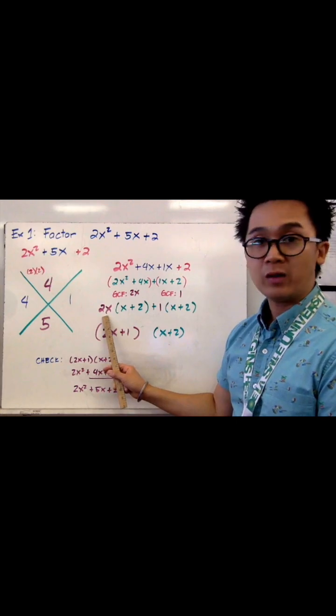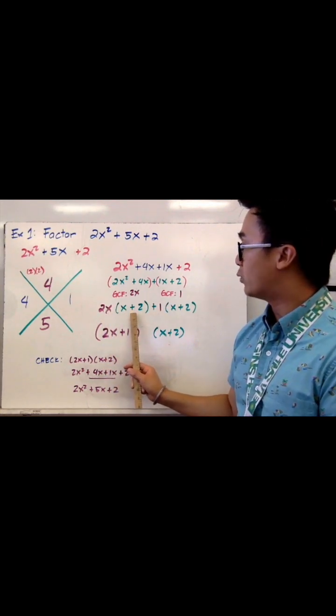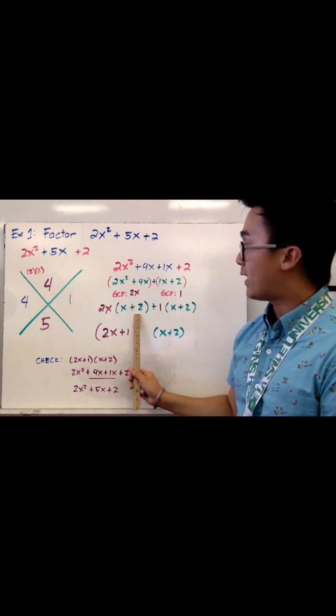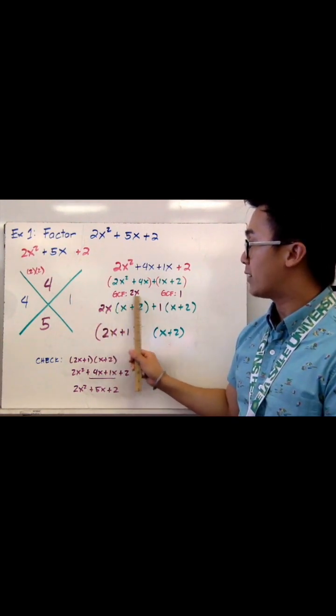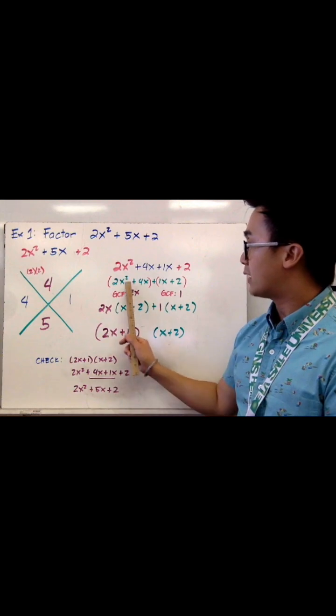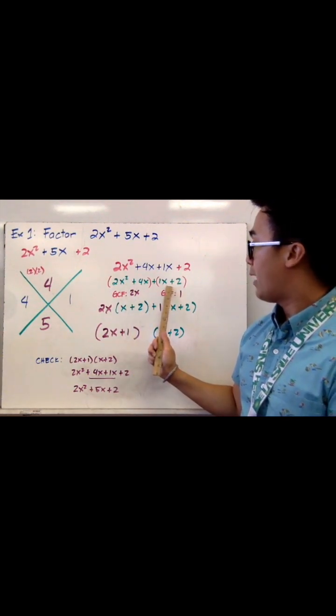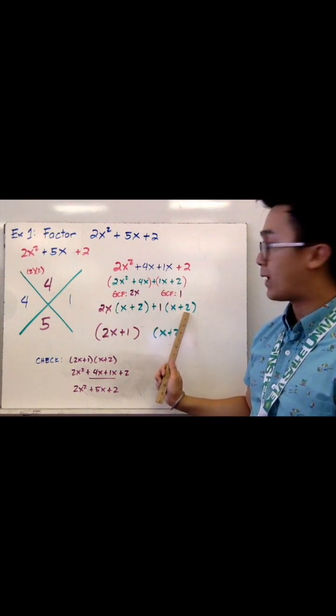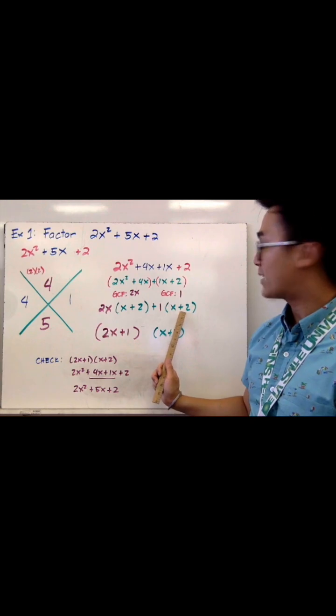So 2x is now outside, and what's left inside would be x plus 2. Once again, we know that we factored it correctly because if we distribute, it will give us 2x squared plus 4x. For the second group, our GCF would be 1, and it's just going to be the same if we pull out a 1 from x and 2.